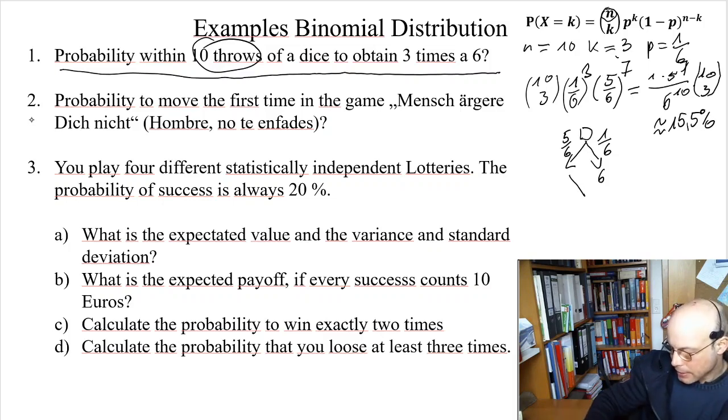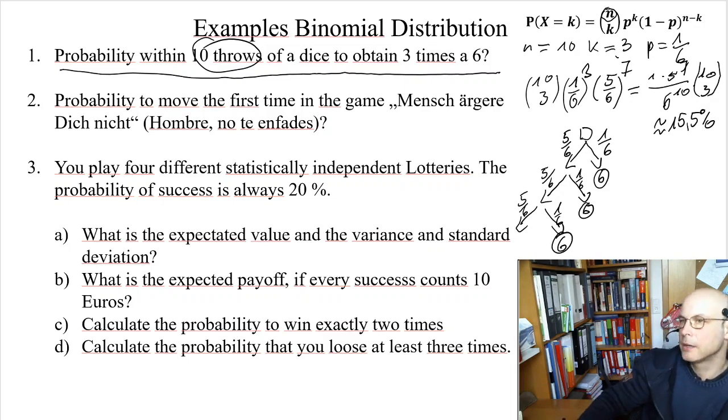So here the tree stops at this 6, but here if we don't have a 6, then we go on rolling. And again, 5 over 6, 1 over 6, we stop if we have a 6, and if we don't have a 6, again, we are rolling, 5/6, 1/6. And here we also would have a 6.